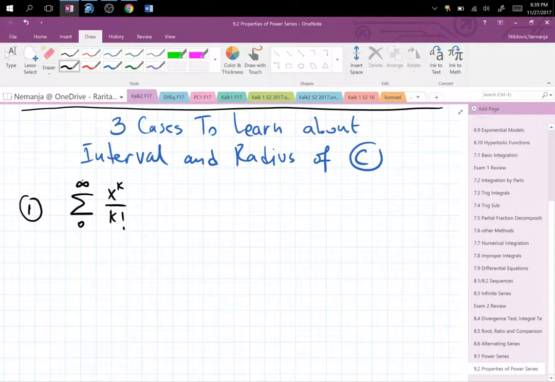So what happens here is you have a power series, and you see that there is k factorial on the bottom. So you have exponential on top, factorial in the denominator. By the growth rate, you can kind of assume that the whole thing converges. But then I can plug in values for this x.